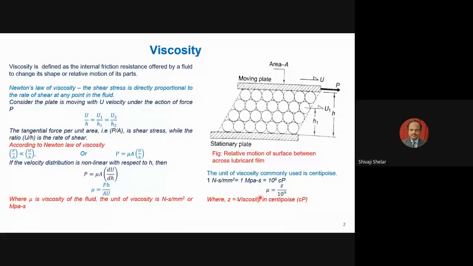So from this, if you want to determine mu value in SI unit, you should have the value of viscosity in centipoise, which is written as a small letter z here. So mu is equal to z upon 10 raised to 9, where z is the viscosity in centipoise. We will get dynamic viscosity in either Newton second per millimeter square or megapascal second.